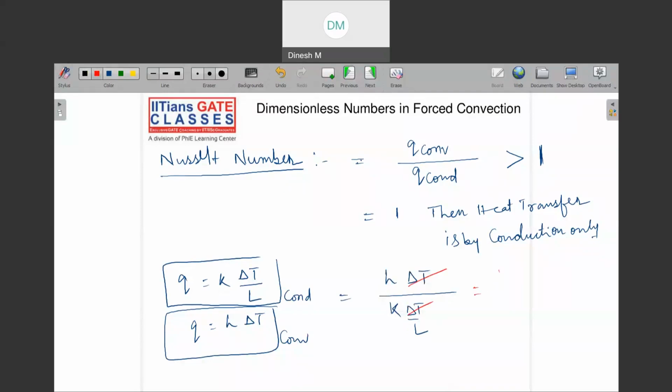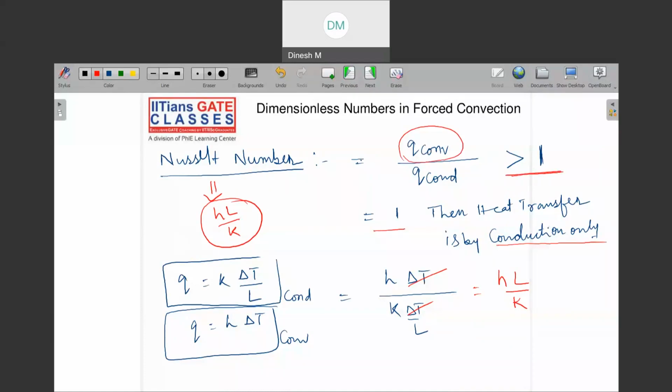So can I see that this is H multiplied by L by K. So just now we have seen that Nusselt number was HL upon K. What this Nusselt number signifies is which mechanism of heat transfer will be dominating. In order to have convection dominating, your Nusselt number must be greater than 1, and if your Nusselt number is equal to 1, then it is by conduction only. Got the idea what is Nusselt number and the physical significance of it?